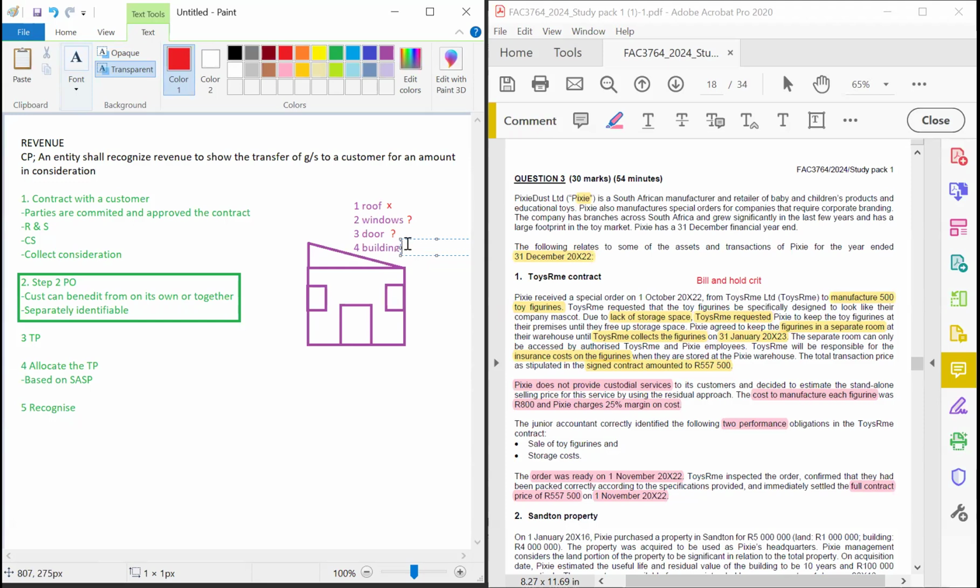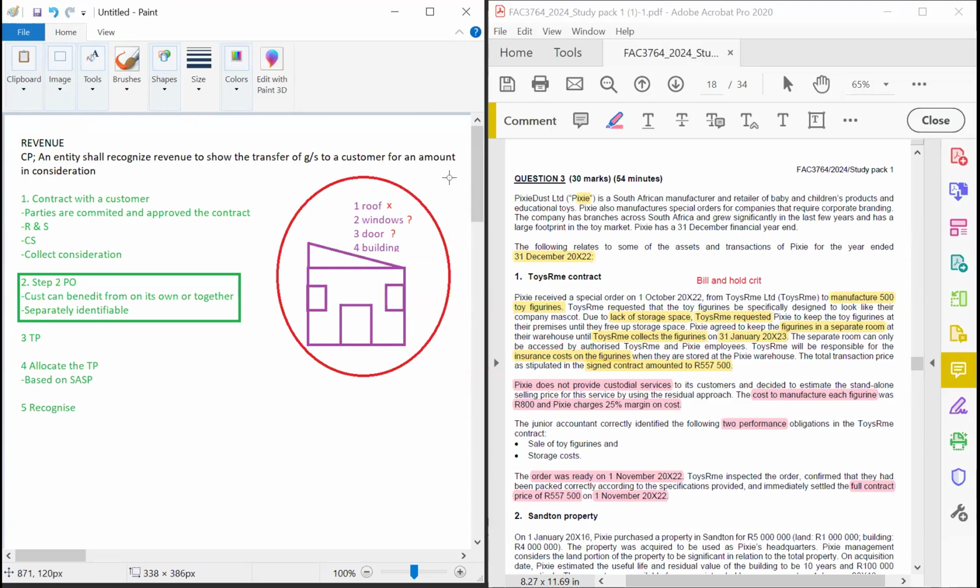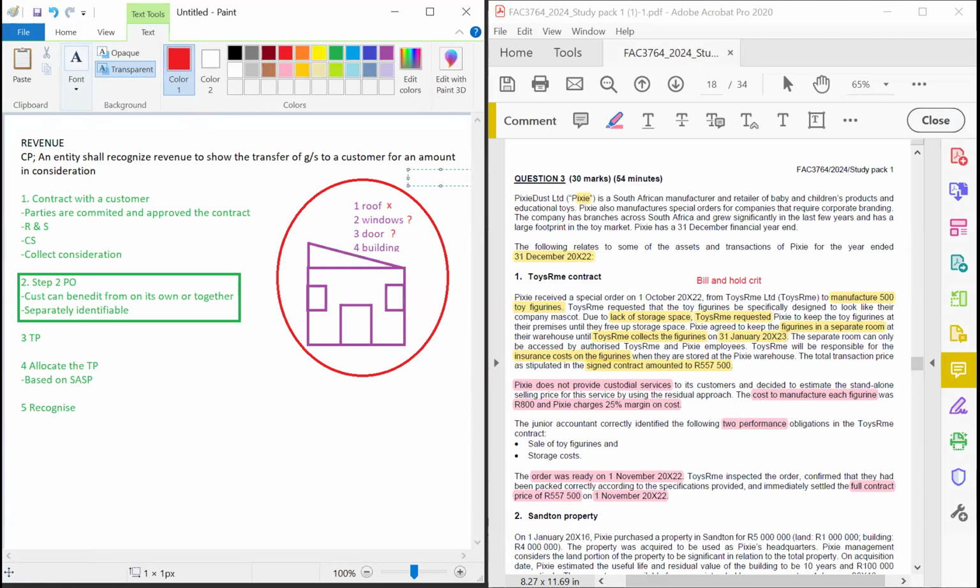But now, let's say the doors are according to the specification of this house, the windows are according to the specifications of this house, then essentially you would recognize only one performance obligation, which is the construction of this building. So there will be one performance obligation.